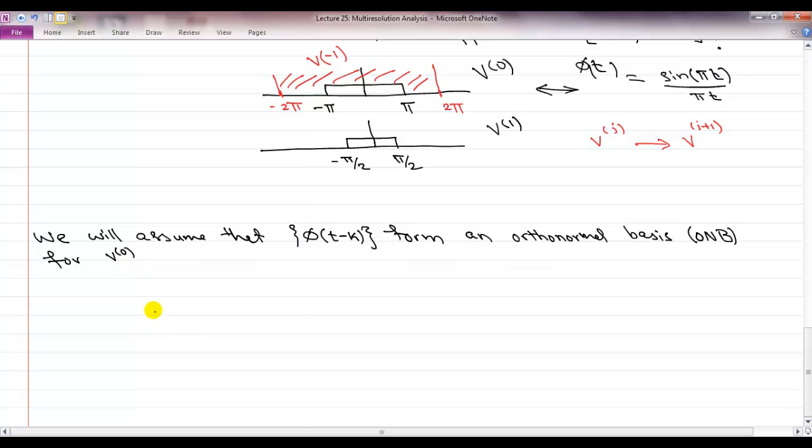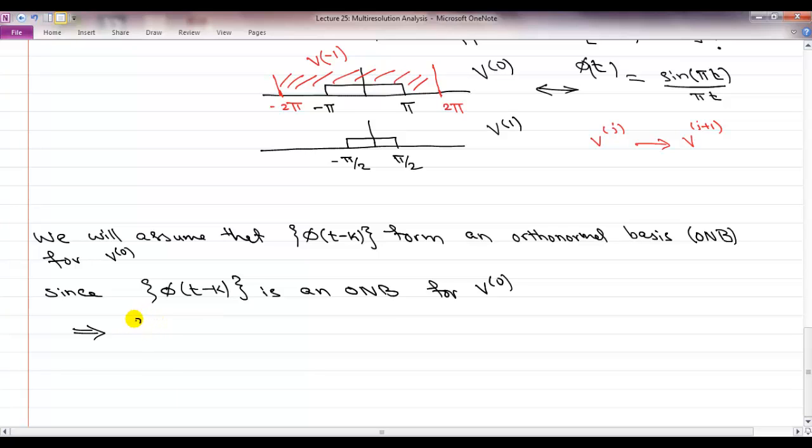Now, we won't formally prove that, but I'll just try to give you an intuition. Since phi of t minus k is an orthonormal basis for V0, the dilated versions of this, shifted by the right amount, end up being the orthonormal basis of another scaled subspace.